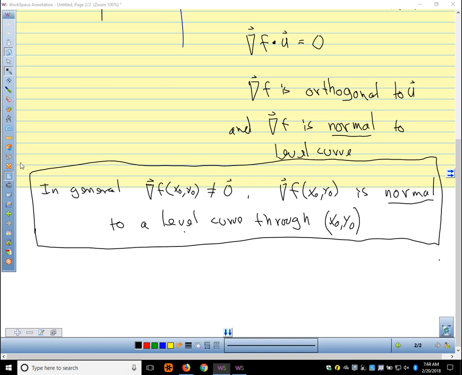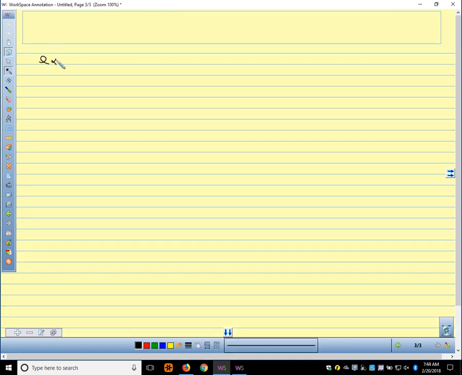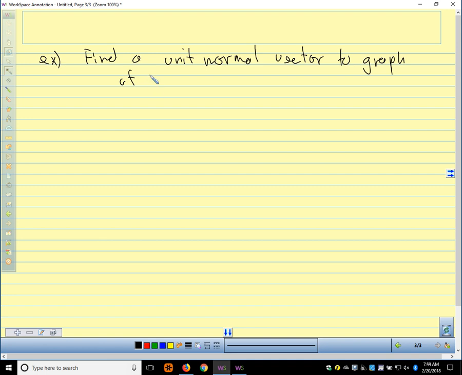All right, let's look at a quick example of how we might apply this. Let's say we're asked to find a unit normal vector to the graph of 3x squared minus 2y squared equals 1.